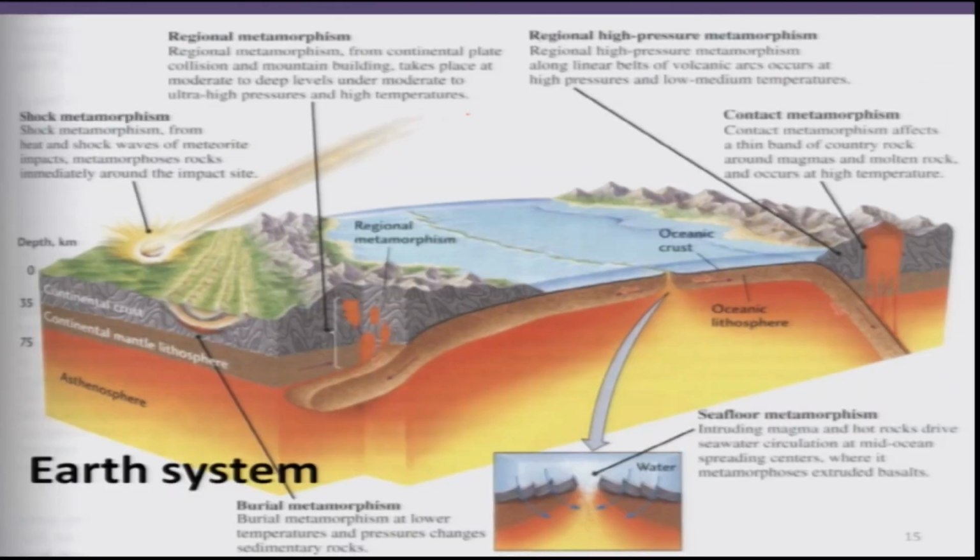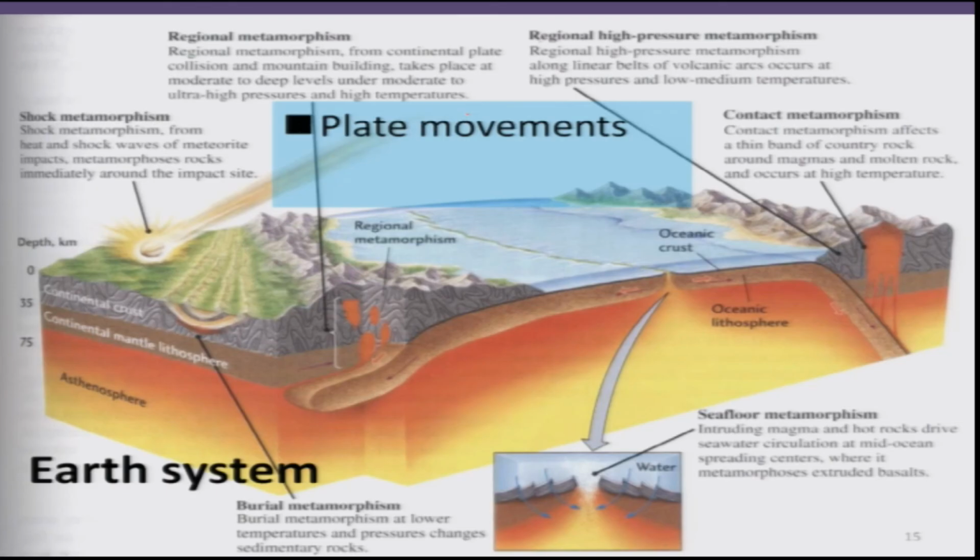Now, we will move on to try to understand what the earth system is, as a whole. Okay. So, if we look at the earth system, then we talk about the internal and external processes, which have produced different types of landforms, and the processes are still ongoing. The internal and external processes are responsible for shaping the landscapes.